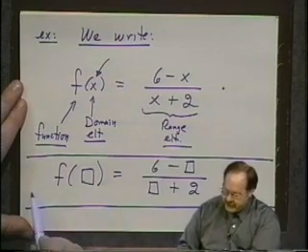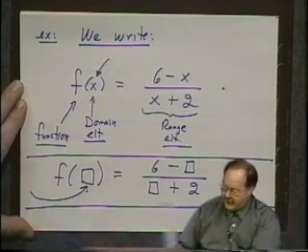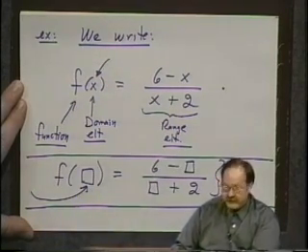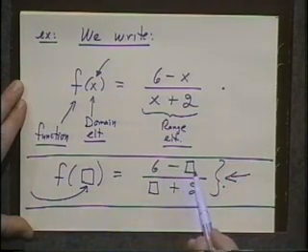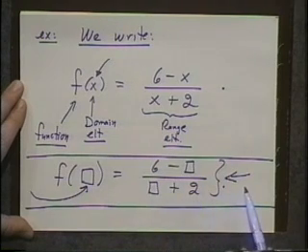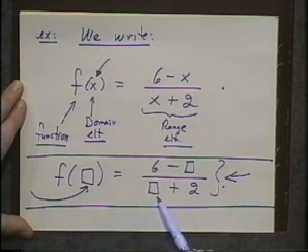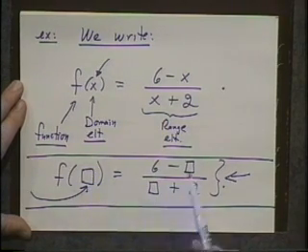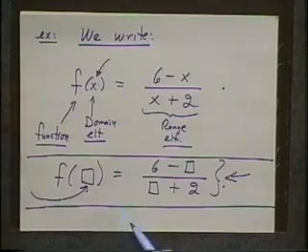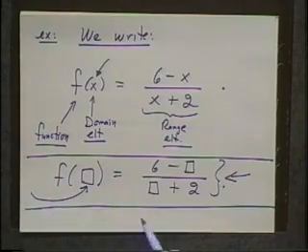It's a machine into which you put numbers and out of which you get this, where the number that you put in, 6 minus that number over that number plus 2, yields an output. So I'm going to use the boxes whenever I can so that you don't get confused with the letters. The box will really indicate the function. Okay, this is a way of describing the function.